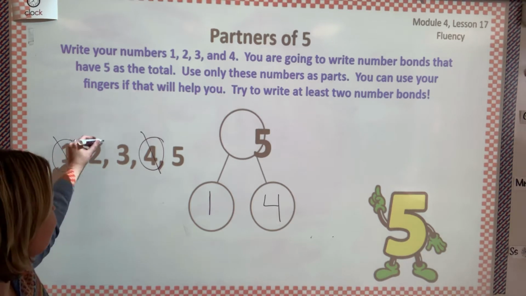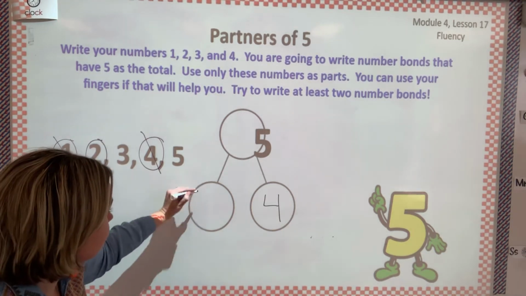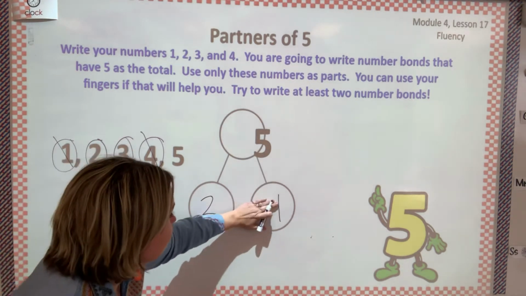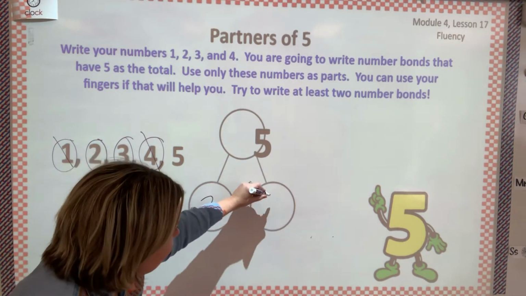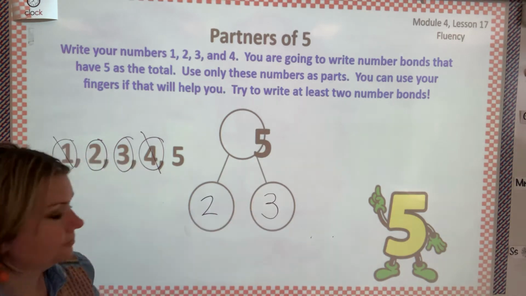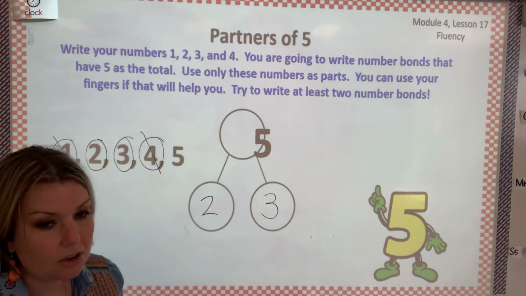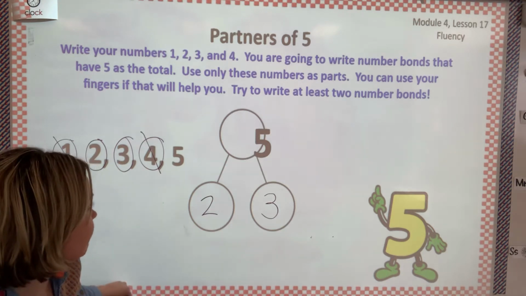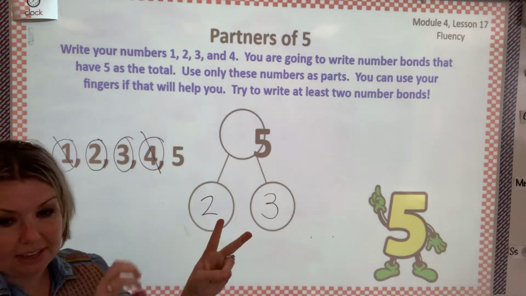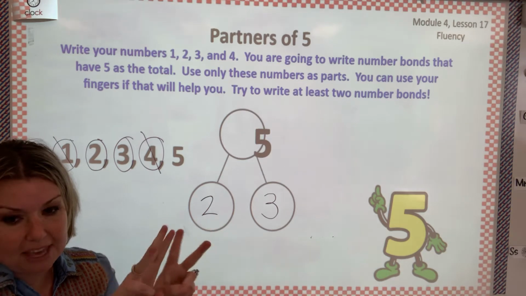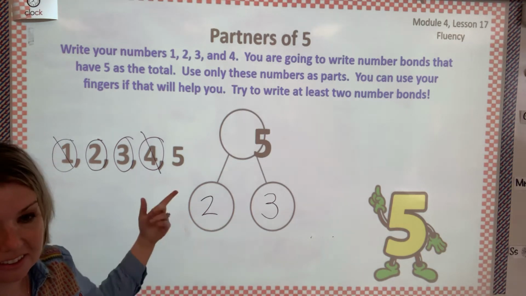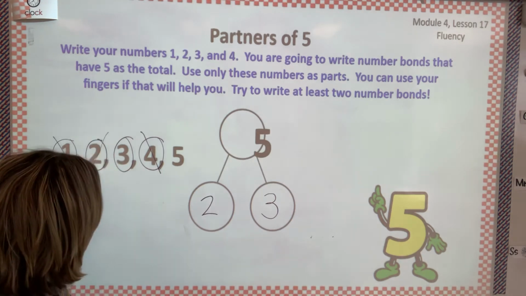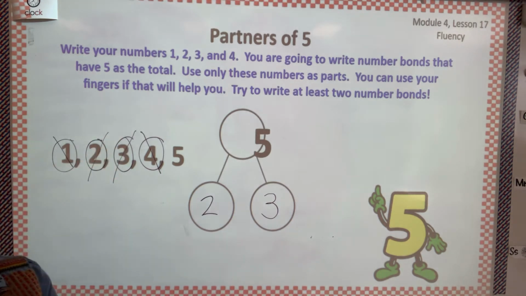DJ says use 2 and 3 to make 5. Okay, honey, you need to mute your microphone and watch. Okay, so 2 and 3. Does that make 5? Absolutely. So we've used those two numbers.